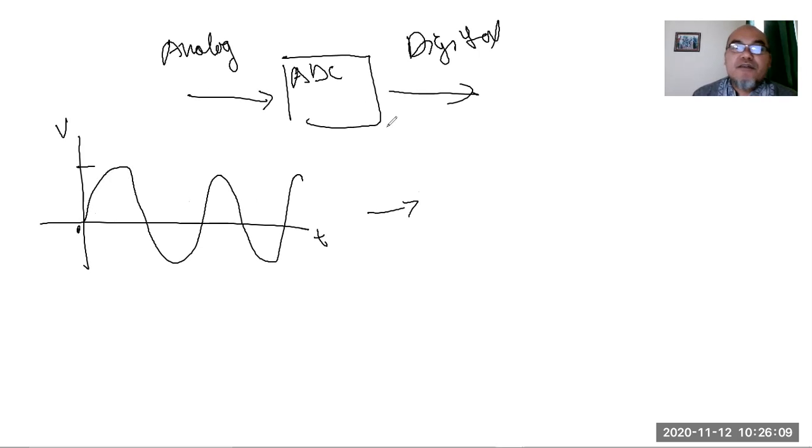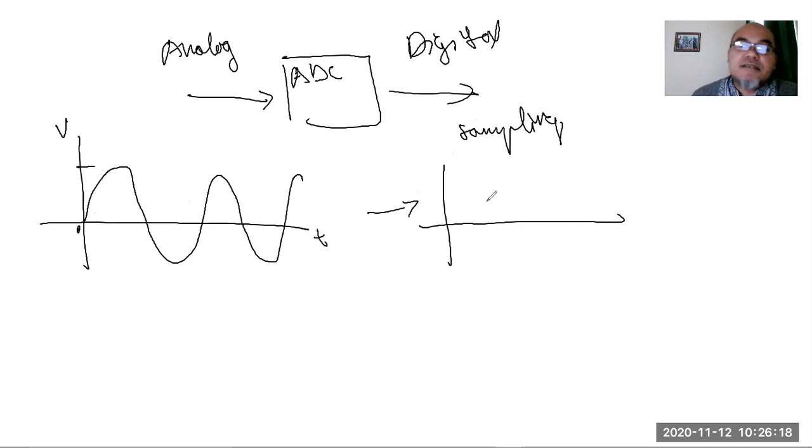But when it goes into the analog to digital converter, first it will be sampled. This is what we call the sampling stage. Sampling means that it will be cut off at certain places, so we will have this instead.